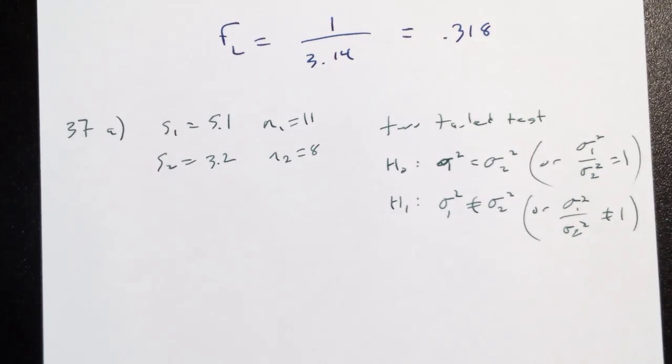Before I actually do this, I realize right now I'm missing something. There's a number that's not up there that I need. In the text, it needs to give me alpha. What is my confidence level for this problem?